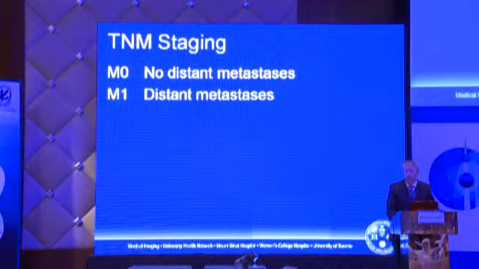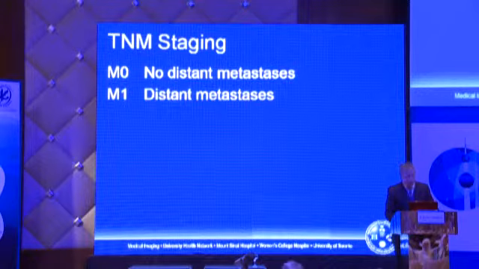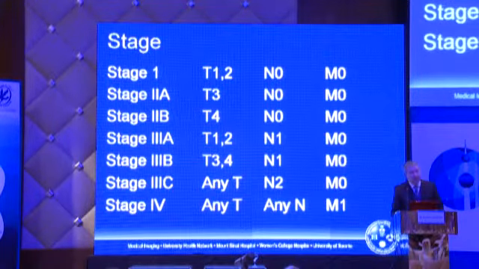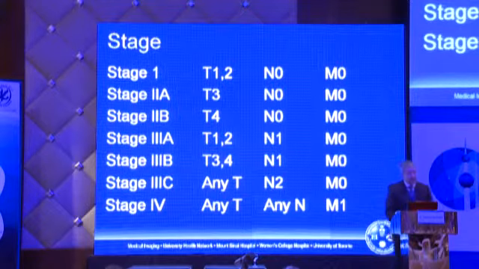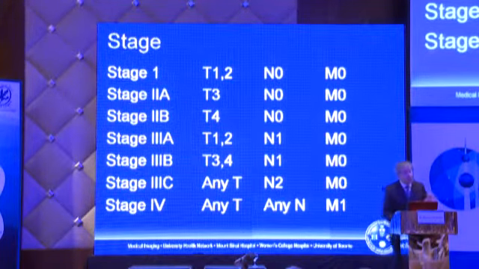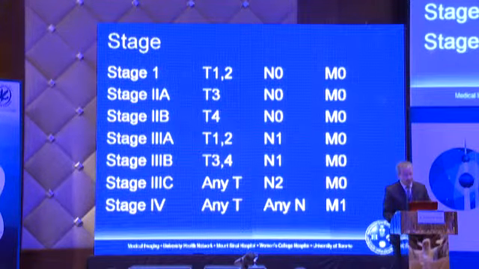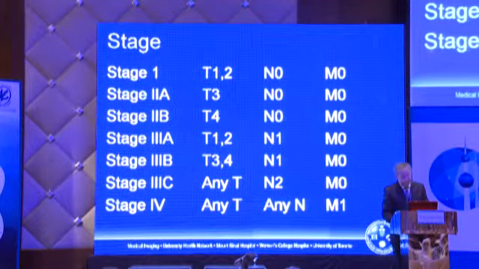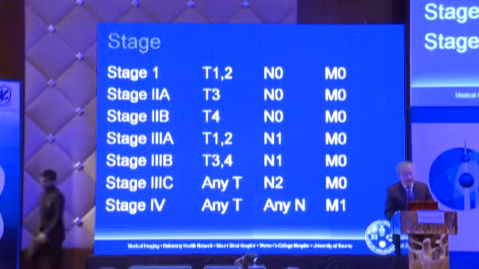And then the M staging, M0, no distant metastases, and M1, distant metastases. You combine this TNM system to give you the stage of the tumor, with stage 1 and stage 2 disease reflecting just the local T stages with no lymph node involvement and no distant metastases. Stage 3 disease has lymph node involvement, and stage 4 disease has distant metastases.